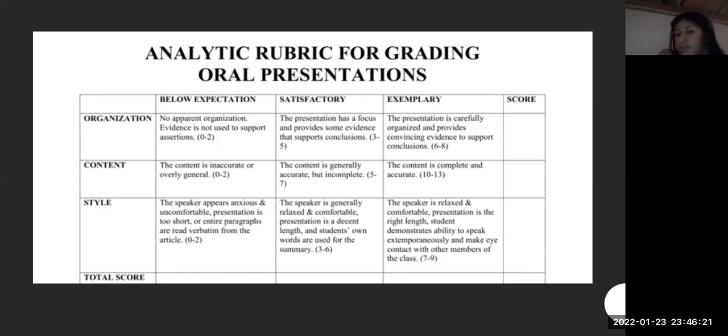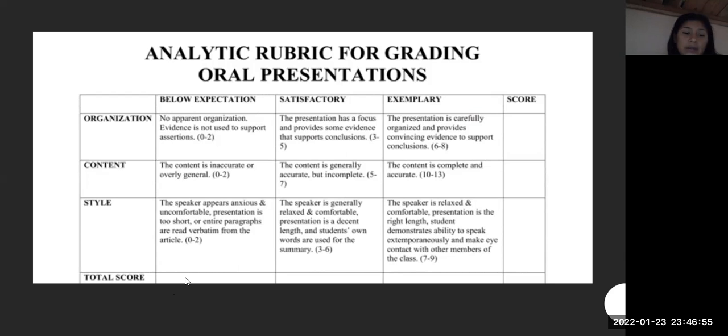And next, some the punctuations. For example, in this case, 8 points, and about the content, for example, the content is complete, 10. Okay, 10 plus 8 plus 9, and the total is 19.